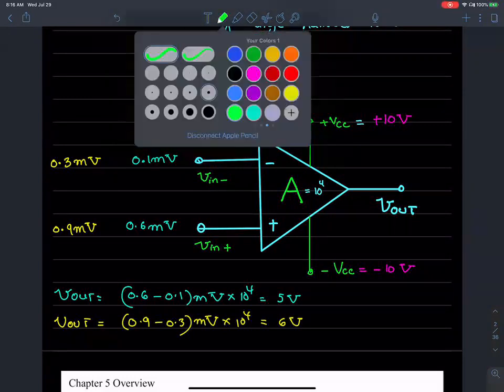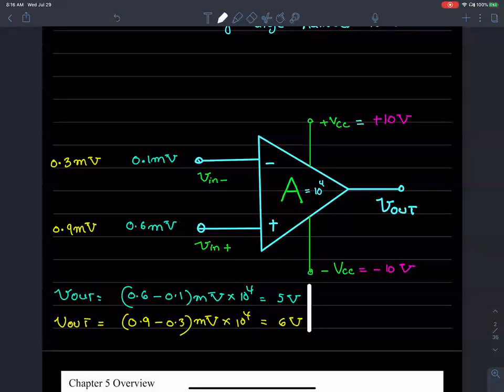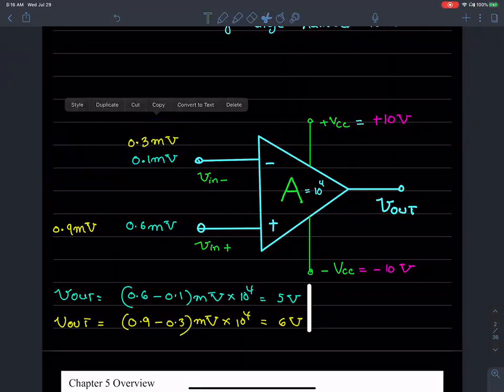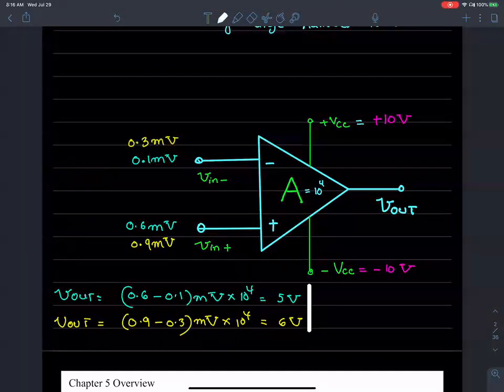Let's see what happens if I pick a different value. Okay, let's see. I'm going to rearrange these here. Okay, now I'm going to pick a different value.